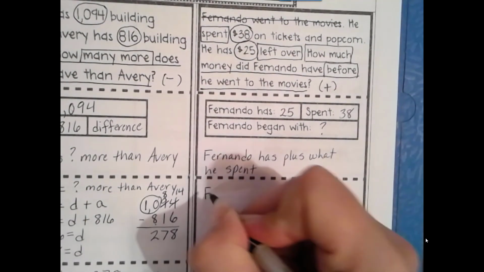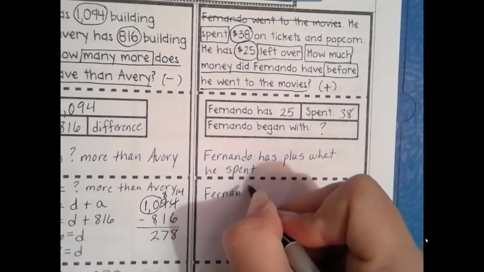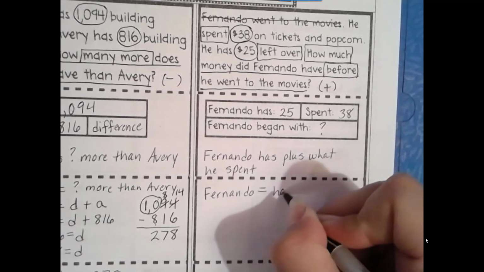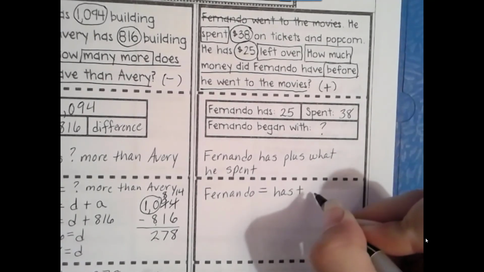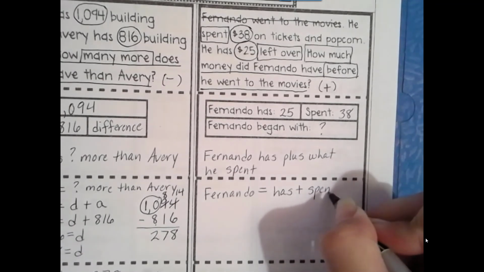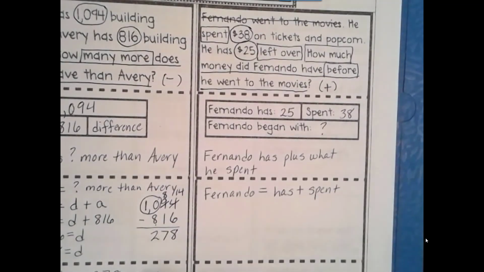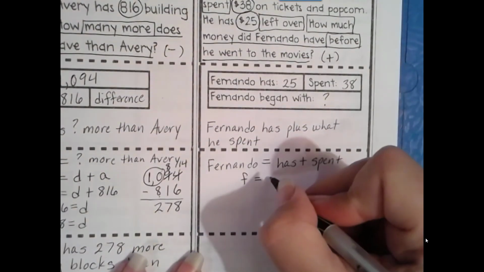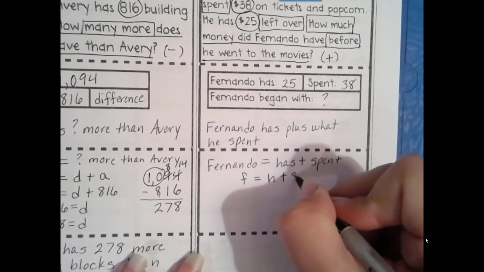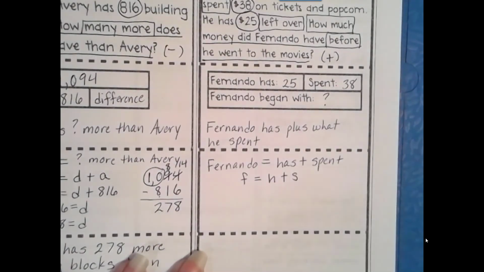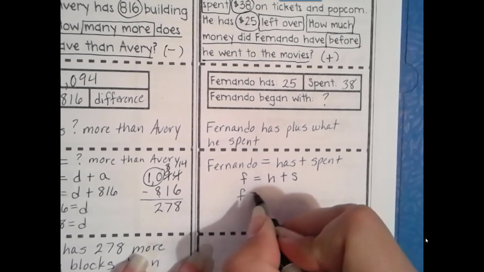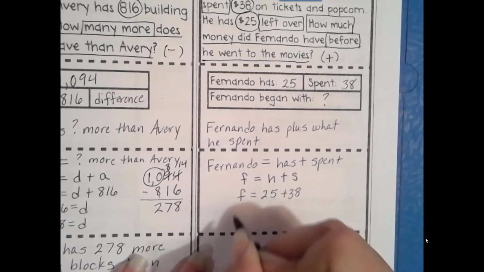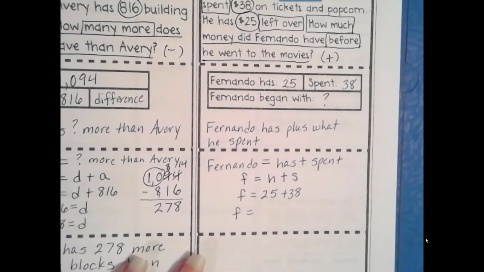So Fernando, what he has plus what he spent. I'm going to use F for Fernando, H for has, spent. We don't know the total to begin with. We know what he has is 25. We know what he spent is 38. So we're going to figure out that amount.